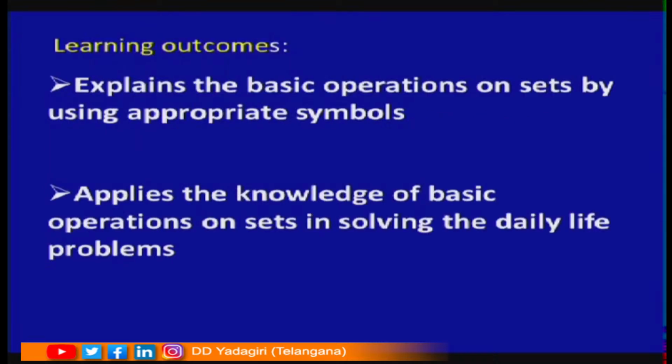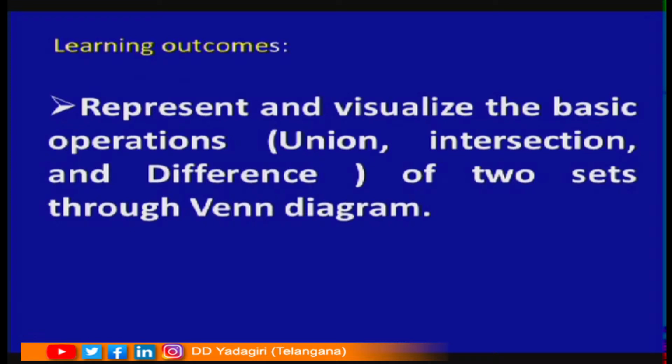Explain the basic operations on sets by using appropriate symbols. Apply the knowledge of basic operations on sets in solving daily life problems. One more learning outcome: represent and visualize the basic operations union, intersection and difference of two sets through Venn diagrams.